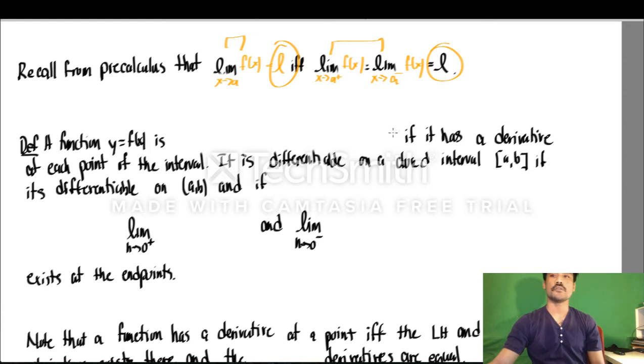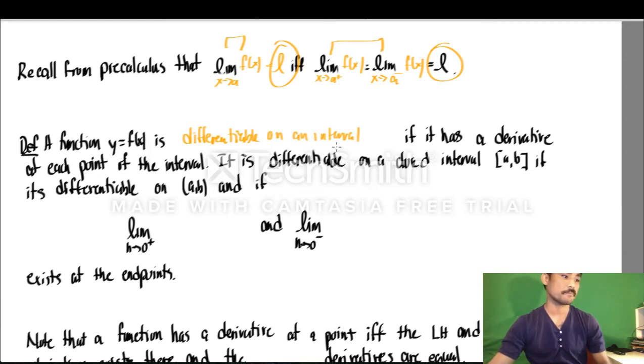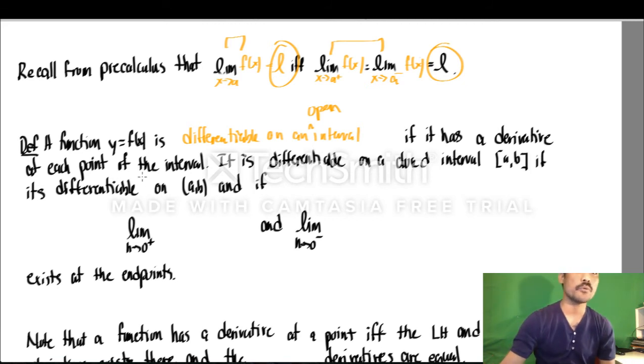So I guess the definition here: a function is differentiable on an open interval if it has a derivative at each point inside the interval.